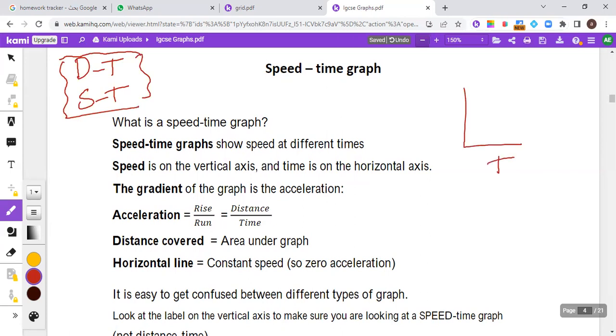Here we put the time, here we put the speed, and the gradient of the line is the acceleration.